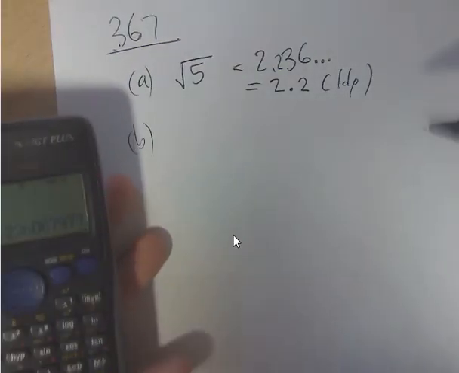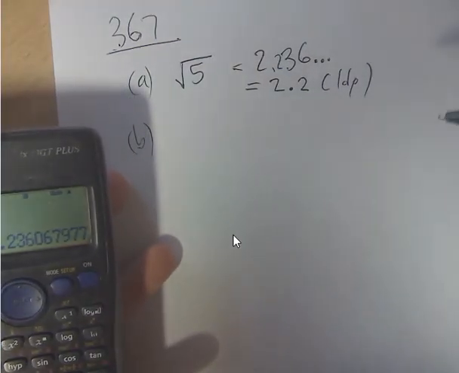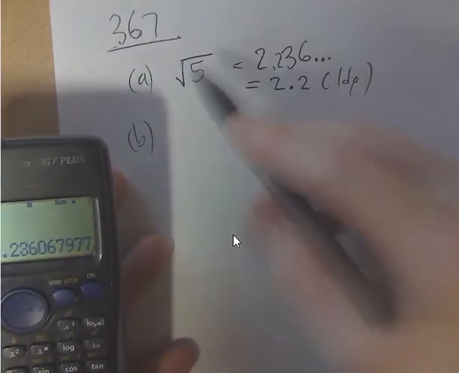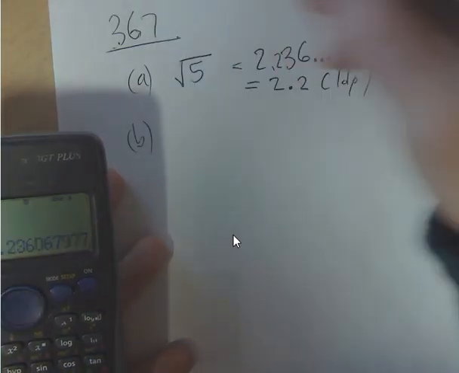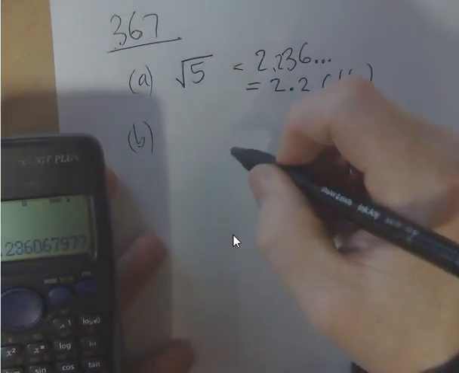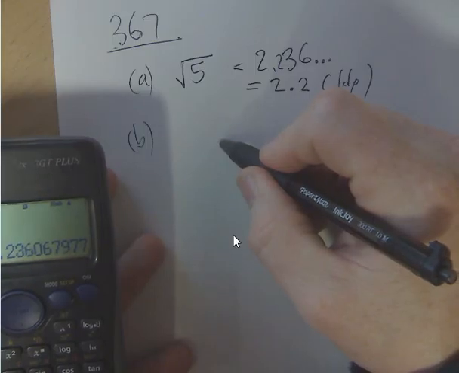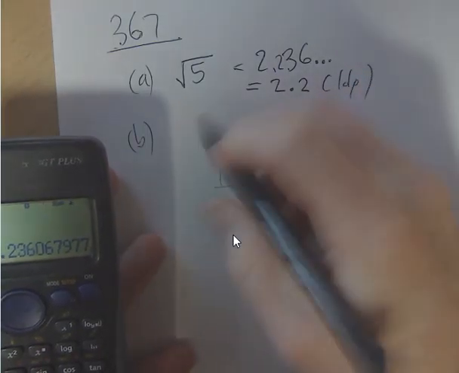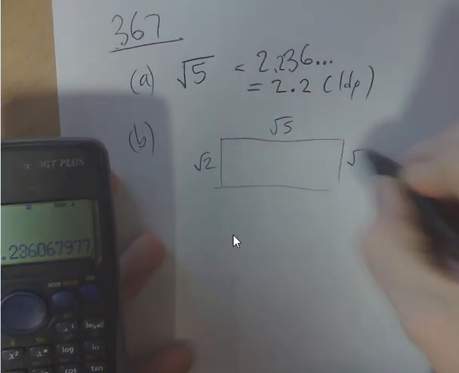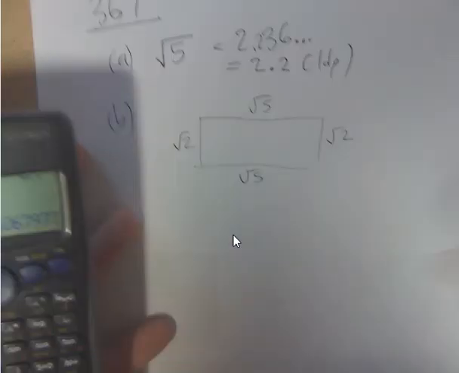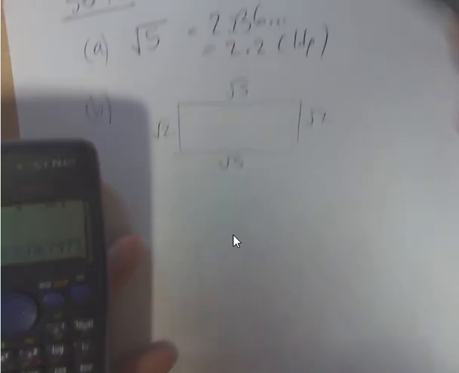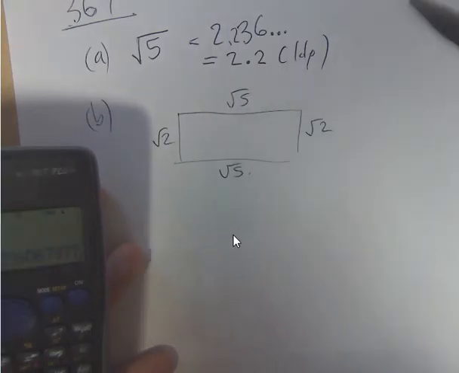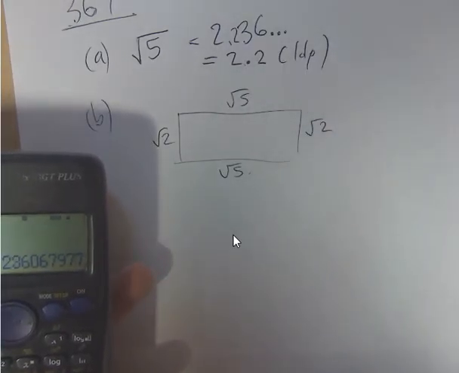And let's say part B requires you to use that number. So let's say this was a length, and you have to work out the perimeter of these things. Well, what I'm saying is, when you work out the perimeter of these, you cannot use the 2.2.